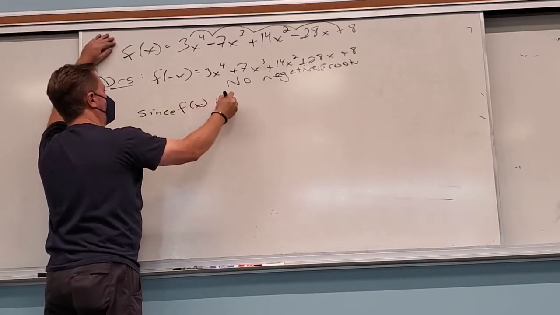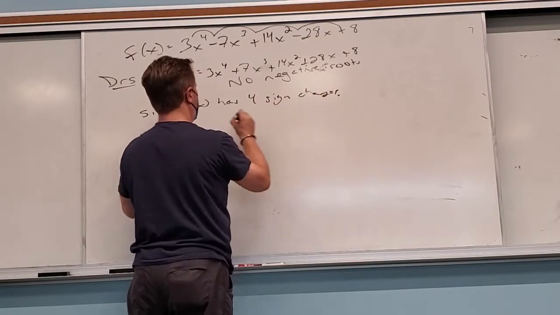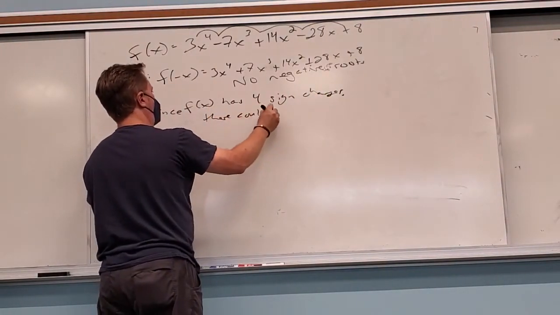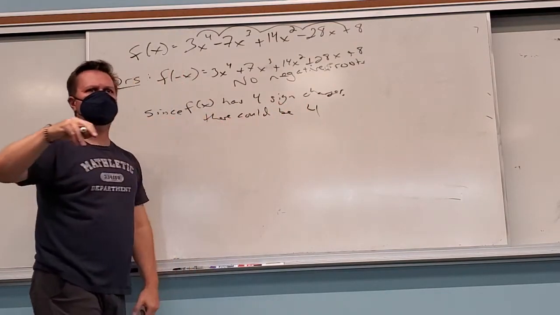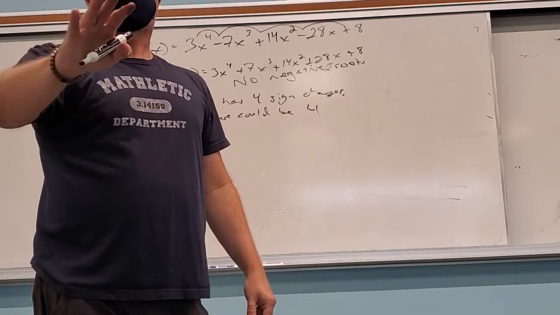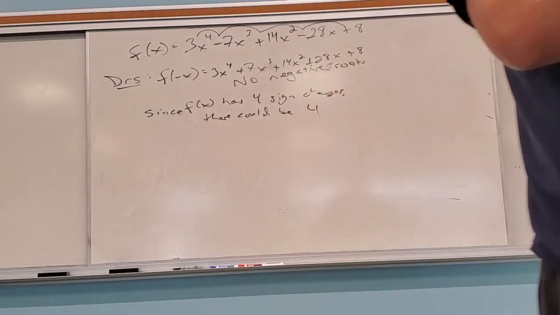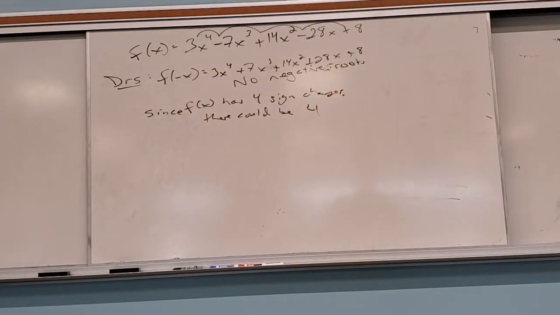Since f of x has 4 sign changes, there could be 4 positive real roots, if, I really want you guys with me, where would complex roots come from? If I had a problem, where would the complex roots come from? If I end up with like x squared plus 4 or something quadratic, right? And then I go to do it. So I really want this to make all this sense. I've said this before.